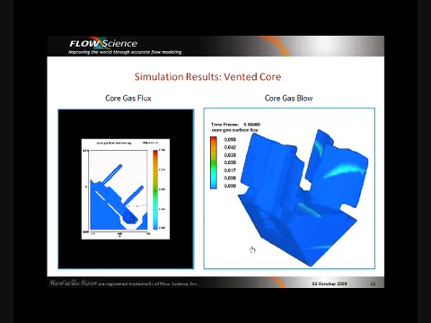The animation on the left-hand side shows the core gas flux at the surface of the vented core. This sectional view shows one of 3 vents which are present in our domain. Like we saw in the previous slide, colors different from deep blue indicate non-zero values for the core gas flux. The animation on the right shows the core gas blowing into the metal as a function of time.